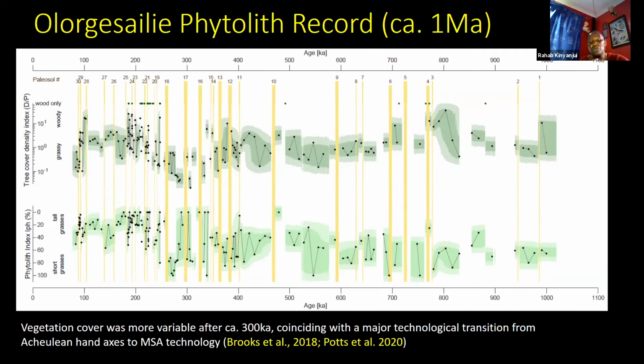It transitioned around that time to MSA, Middle Stone Age technology, and it matches where the high variability in climate and environmental parameters matches with that transition, which is a very key thing to see and to be happy about.